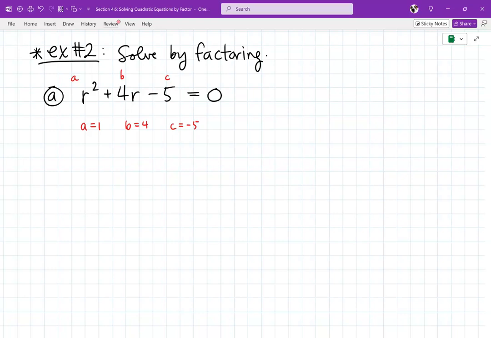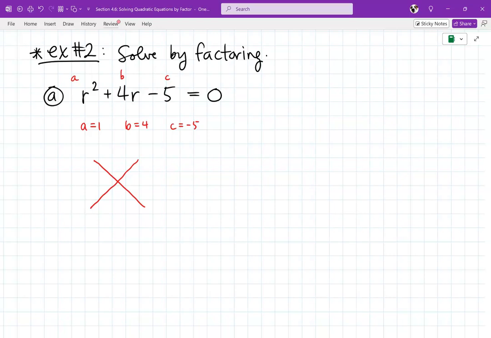I'm just doing it to help us so when we do this process, we know where we're getting the numbers from. Remember, you're supposed to do the x method whenever you have a trinomial, 3 terms. Remember, the power should be a power of 2, a power of 1, a power of none. In other words, r squared, r to the first, and then there's no r on that 5. That's how you know you're going to be doing your x method.